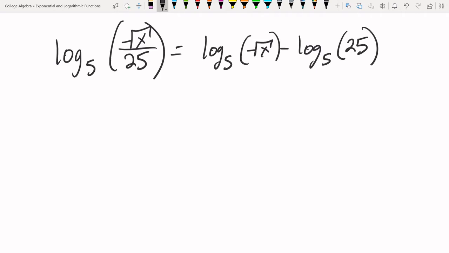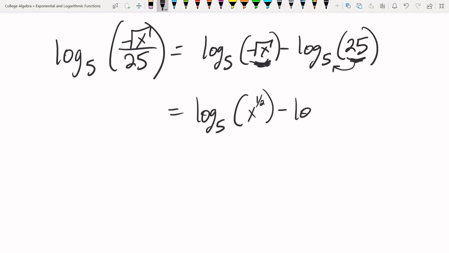For this one right here, I'm going to make the square root of x have a power instead of a square root. So that's going to be log base 5 of x to the 1/2 power, since the square root is the same thing as a 1/2 power. And then this 25 here, it's actually a power of 5. So I'm going to write it like that: log base 5 of 5 squared. 5 squared is 25.